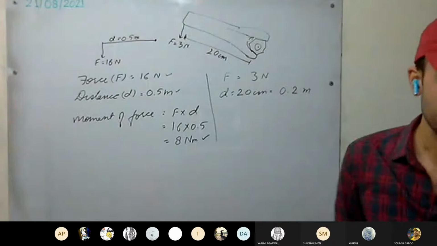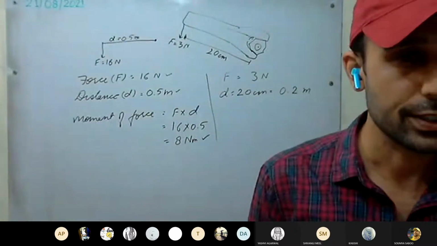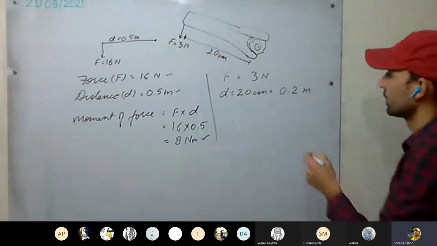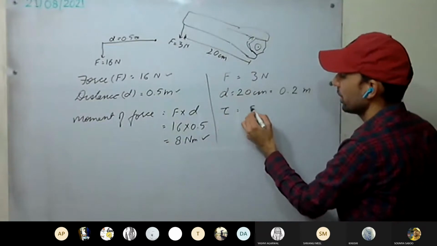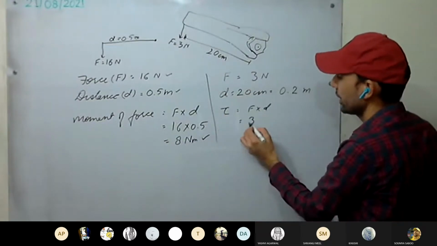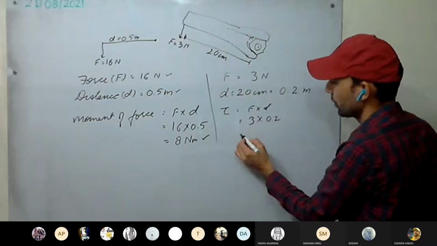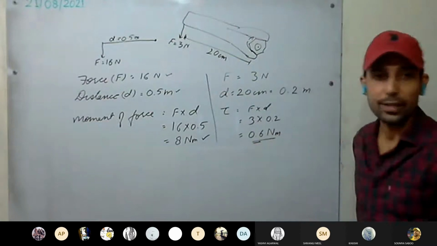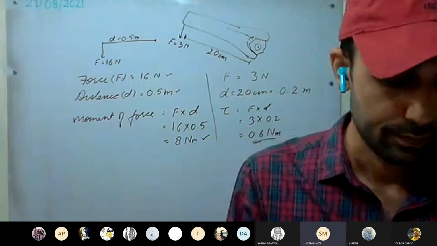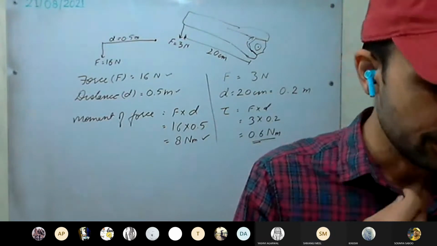Calculate the moment of force, everyone. How much are you getting? Moment of force equals F into D, 3 into 0.2. It will be 0.6 Newton meter. Understood, everyone? 0.6 Newton meter.